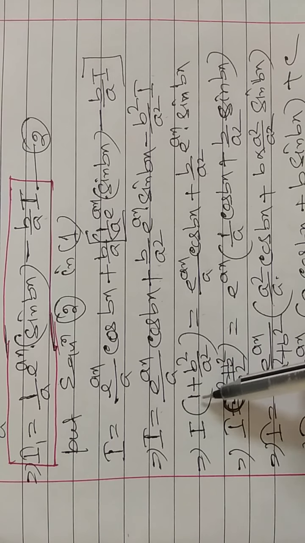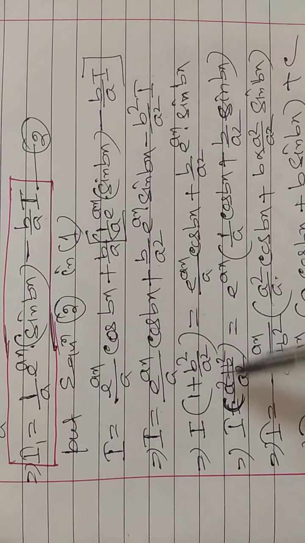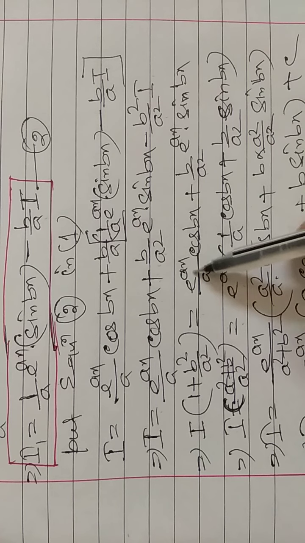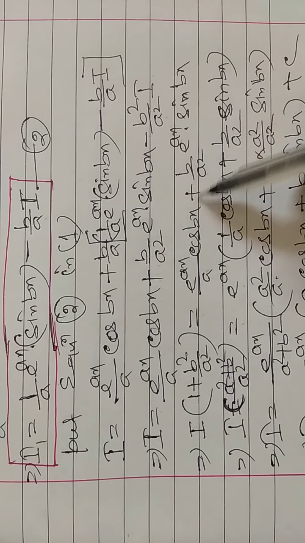Now here 1 plus b square by a square, taking LCM, that is a square plus b square by a square. Here I into a square plus b square by a square is equal to e to the power x, taking common, 1 by a into cos bx plus b by a square into sin bx.